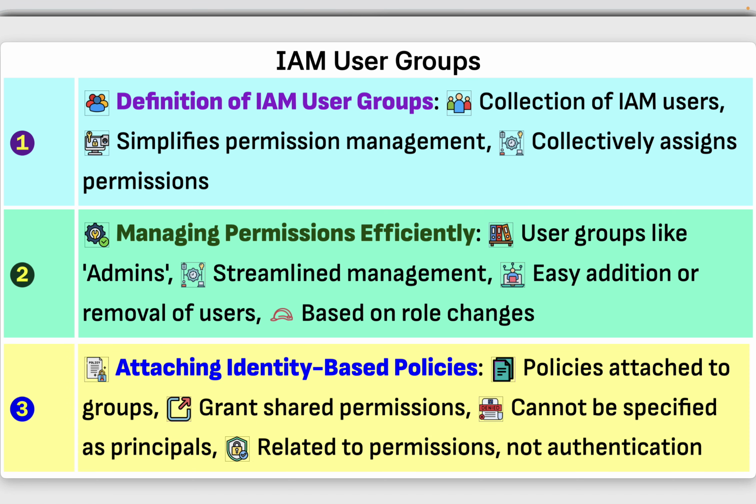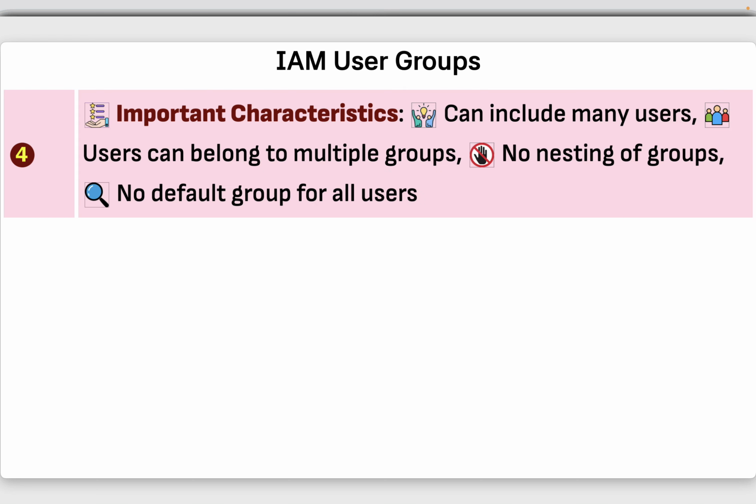Policies can be attached to user groups to grant shared permissions to all users within the group. However, user groups cannot be specified as principals in policies due to their nature being related to permissions rather than authentication.